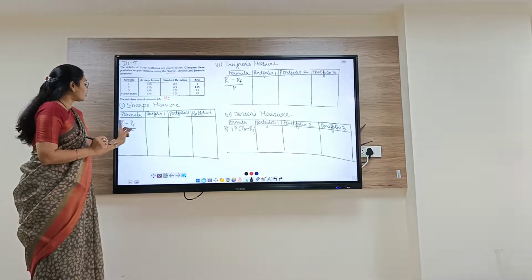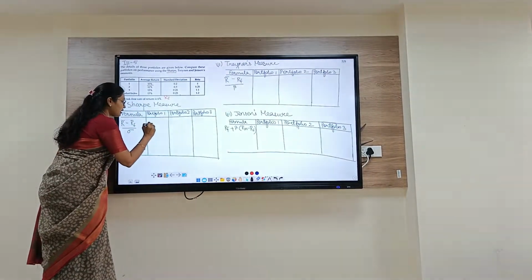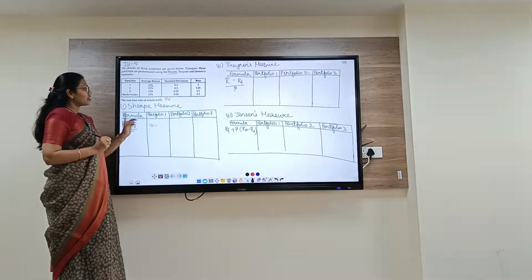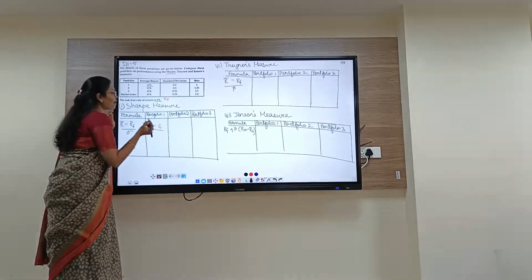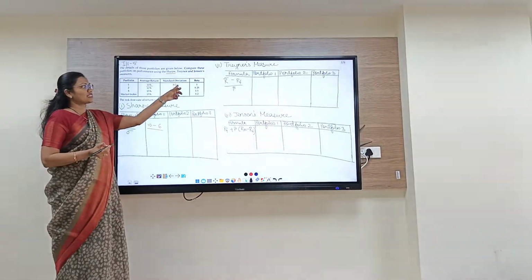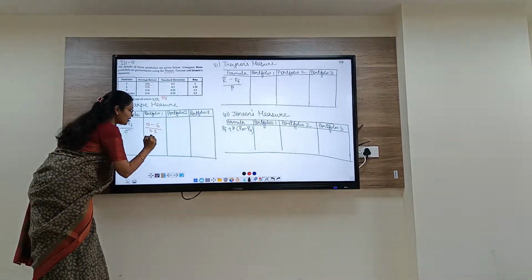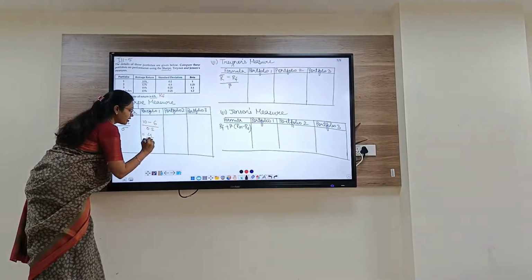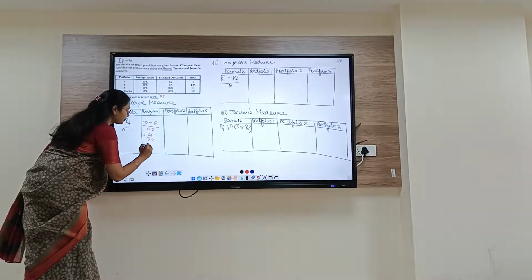Let's go for portfolio 1. What is the average return of portfolio 1? 10%. So 10 minus risk-free rate of return, 6, divided by standard deviation, 0.2. The numerator will be 4, denominator will be 0.2, answer comes to 20.